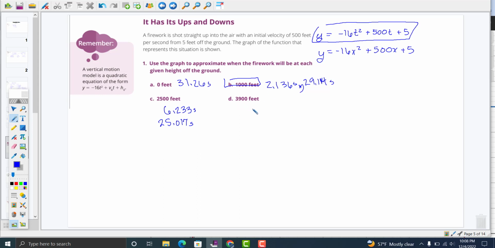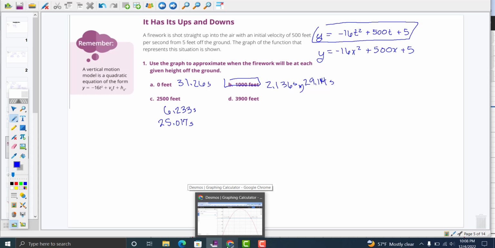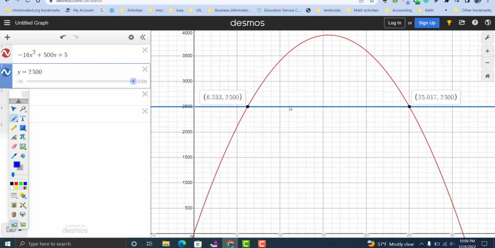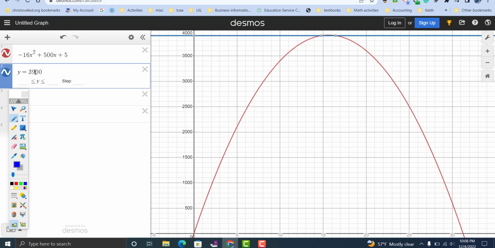Now that 3,900 feet is getting really close to that vertex, so they're going to be really close together in time. And as you can see here, it's almost at the vertex, but I'm not quite there. 14.786.